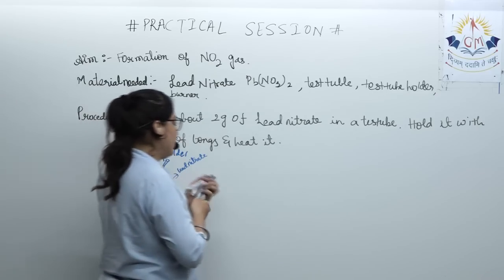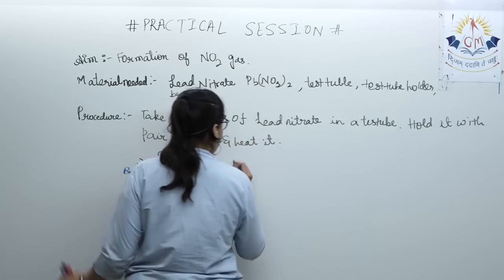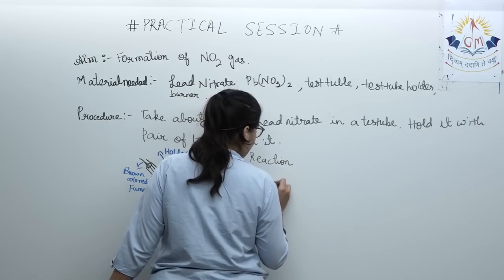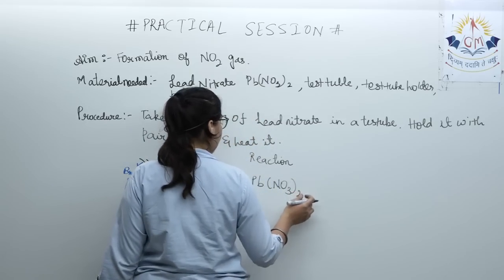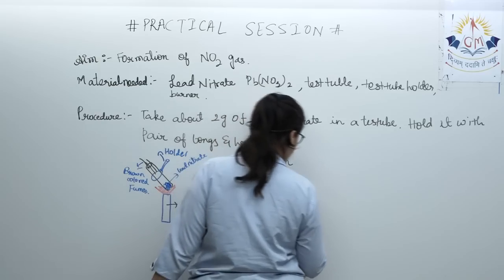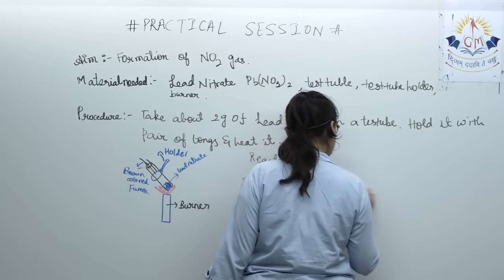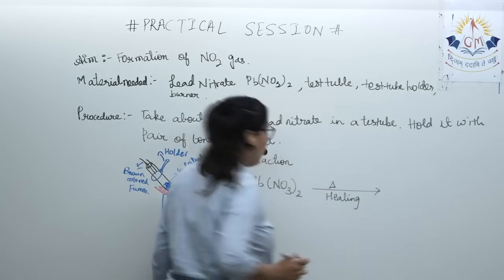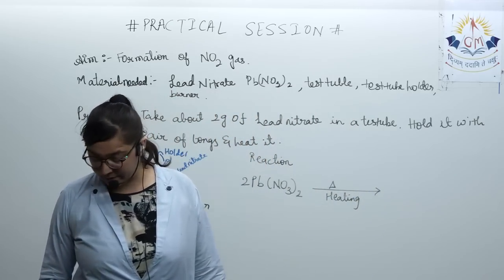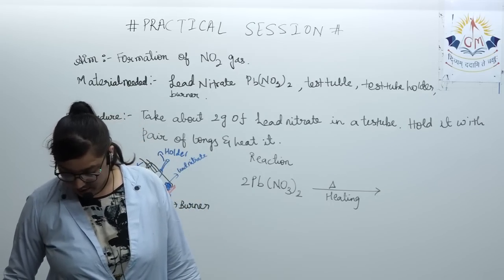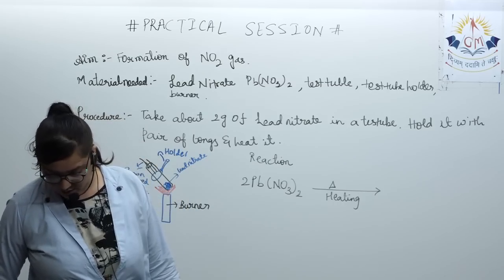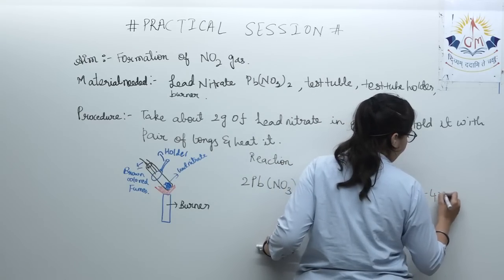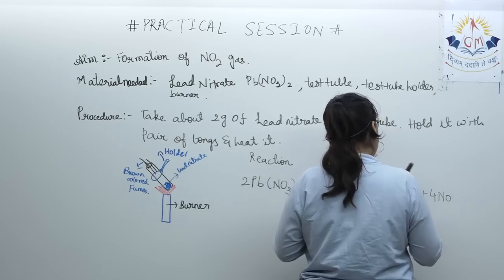So here is its chemical reaction. Whenever lead nitrate, which is Pb(NO3)2, is heated, we get lead oxide, nitrogen dioxide, and oxygen.